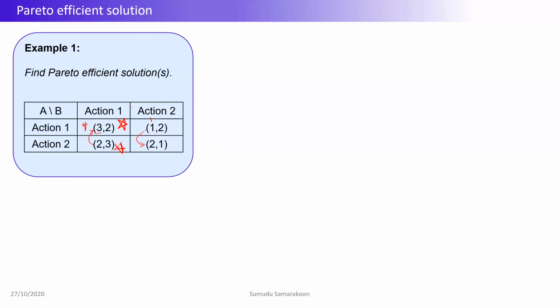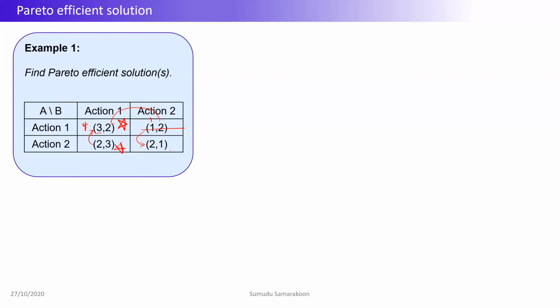From player B's perspective, changing from action 2 to action 1, at least his own payoff doesn't change. However, by changing that, it could improve player A's payoff. Therefore, the tendency is to move towards playing action 1 instead of action 2. Therefore, this is not considered a Pareto efficient solution.